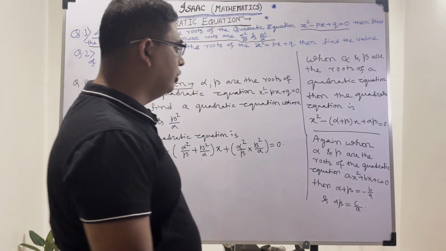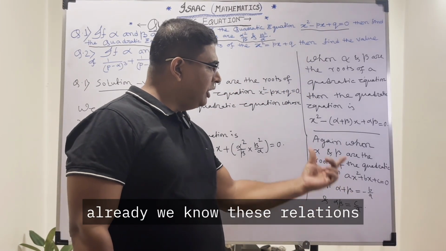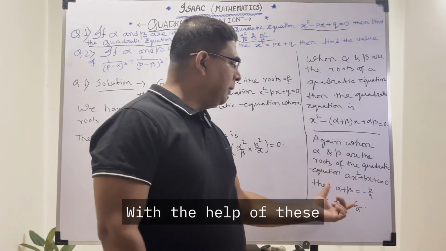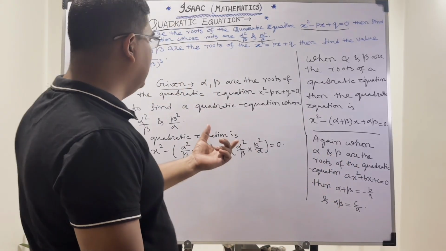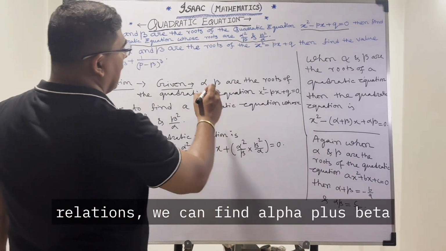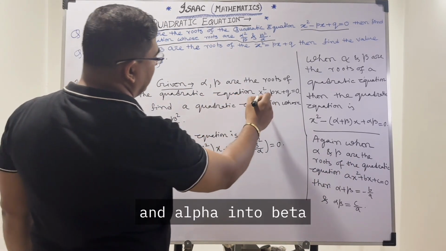So already we know these relations. With the help of these relations, we can find alpha plus beta and alpha into beta.